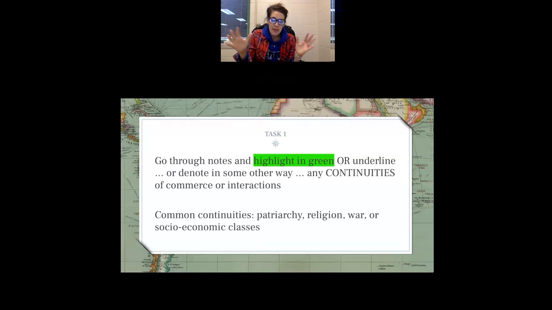So what I want right now is for you to look through your notes and see if you can find any continuities or things that they talk about at the beginning of this unit. Maybe chapter 13, think about those chapter 14 notes you handed to me, into chapter 15. What is something that's staying the same throughout this time period? And then I'm looking for the rest of my friends to answer. So if your last name starts with N, as in narwhal, through Y as in yak, you are one of my friends who is going to be writing down a continuity. So again, what do you think we could use for a continuity?